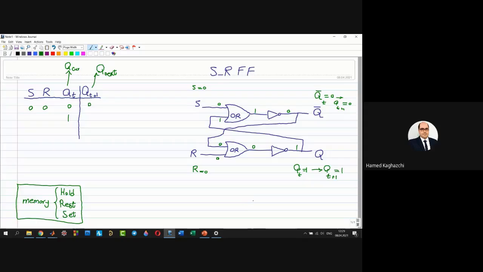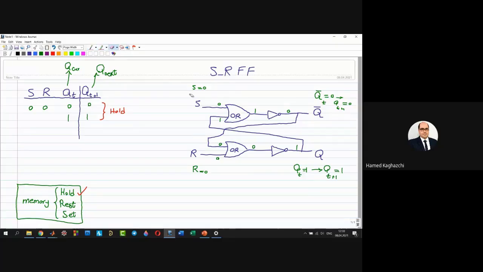We can say that if the current value of output is 1, this flip-flop stores this 1 in itself. It means that I can hold the value, I can hold the information.